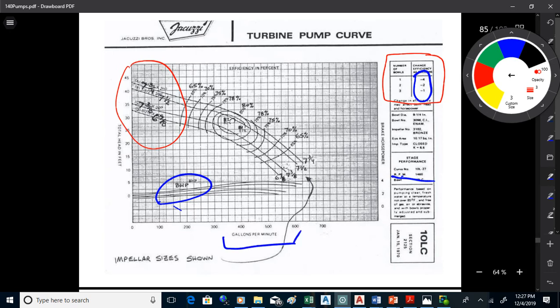We've got gallons per minute, and then we've got TDH on the y-axis. So that's a pump that's set up for more than one impeller, and it's set up to be a multi-stage pump too. And then we've got 4 lines for impellers, 4 lines for brake horsepower.